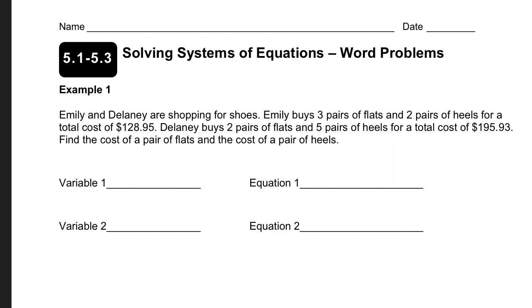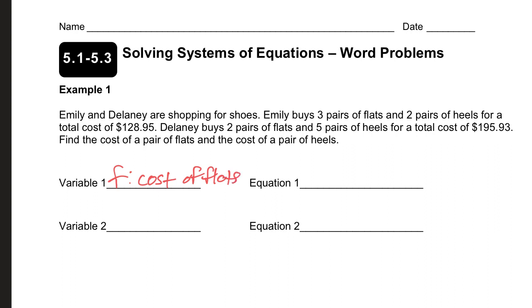So we have a question here that talks about flats and heels. So I'm going to use, let's say, F for the cost of the flats because they're asking us to find the costs. When you're asked to find something, that's going to be a variable. So F is going to be the cost of the flats.